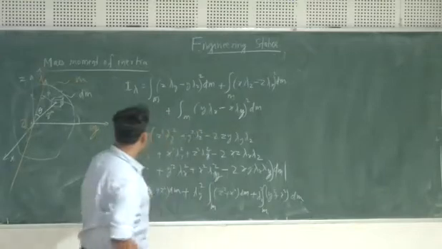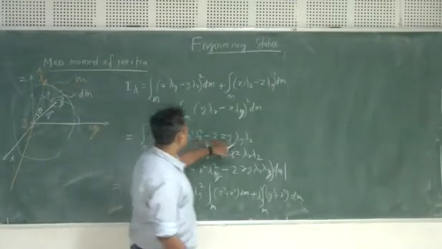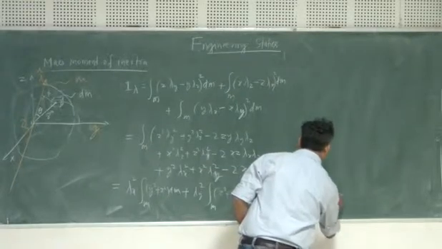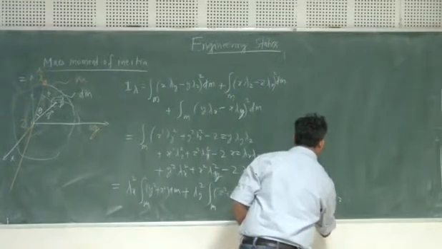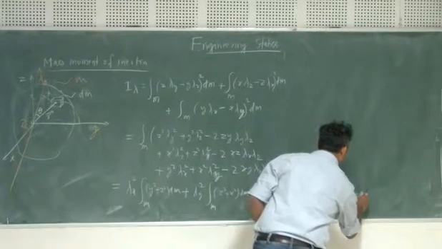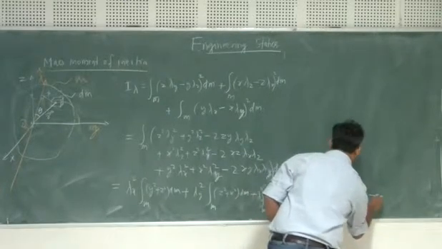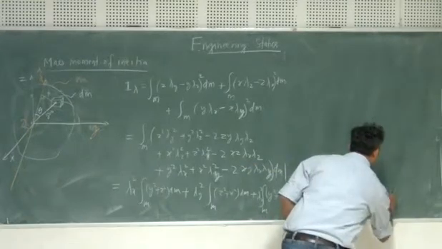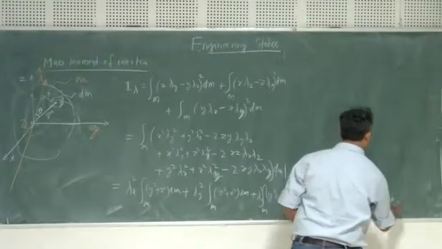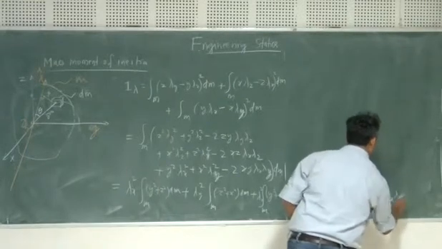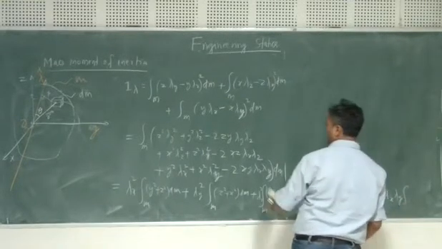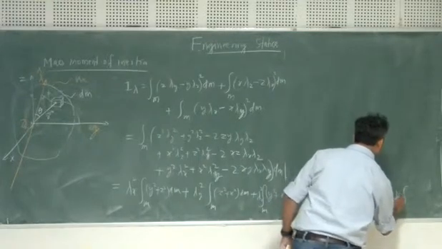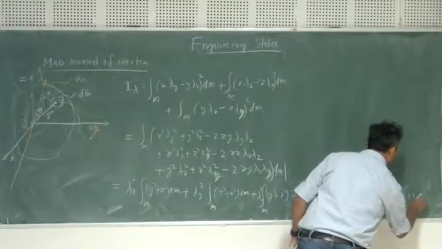Afterwards, what you are going to get, let's collect the terms of y and z, so minus lambda y lambda z times the integral of y z dm, and similarly for x z.